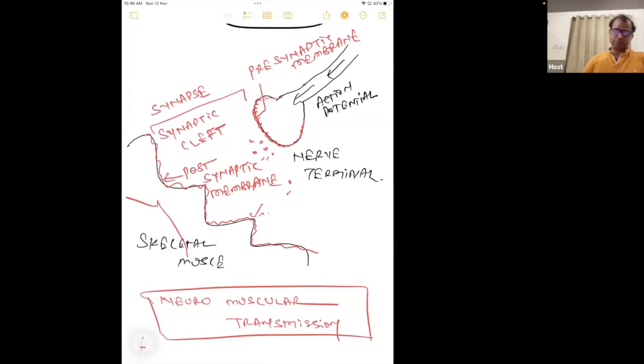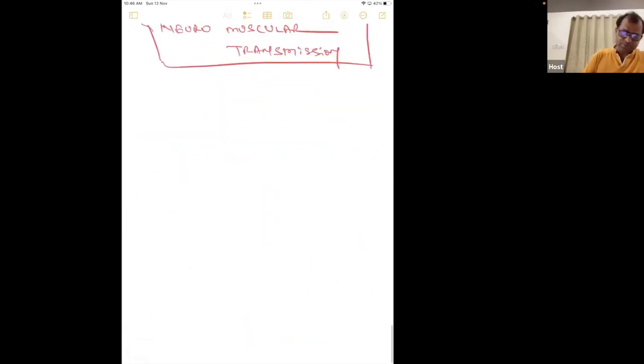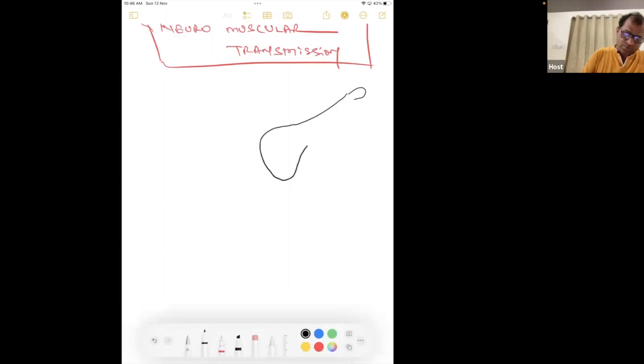Fine. So now let's see this nerve terminal, the nerve ending, and how the nerve terminal sends the chemical signal.